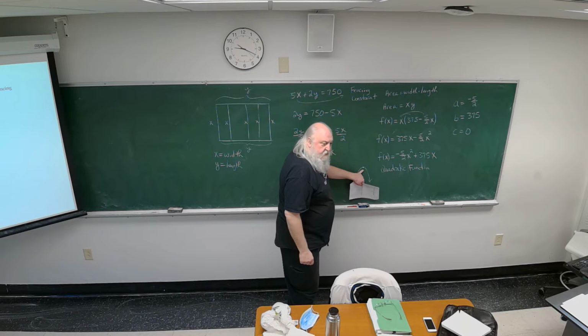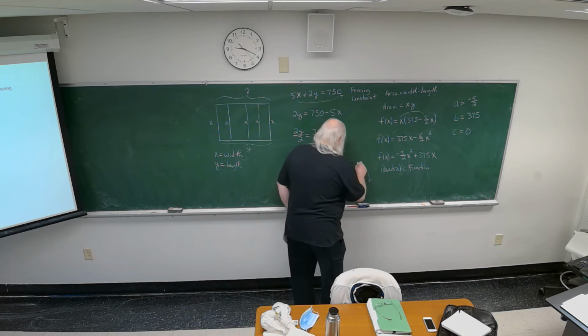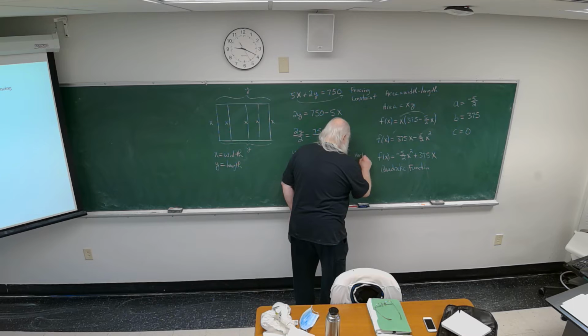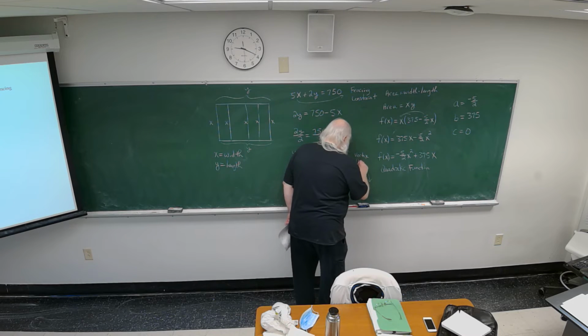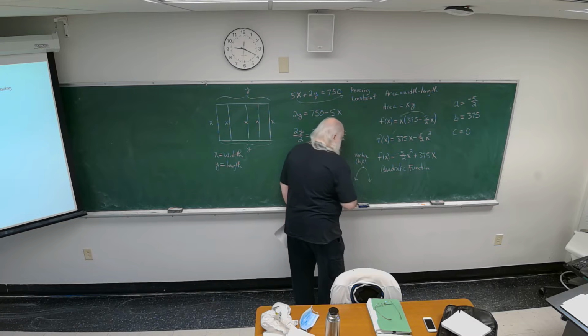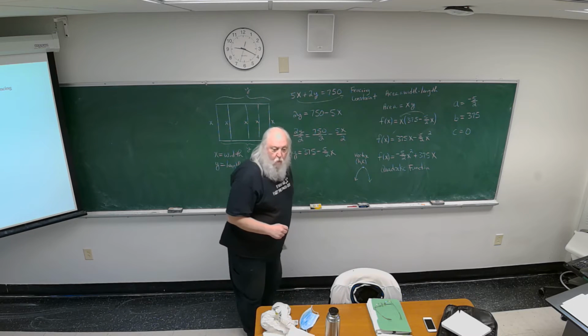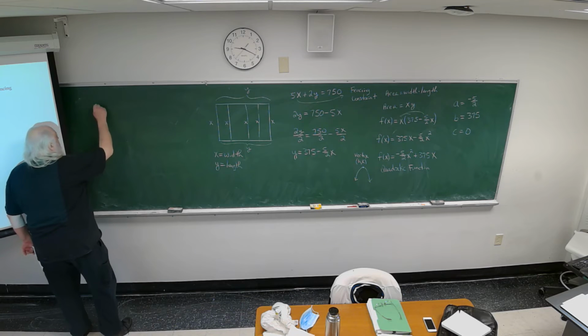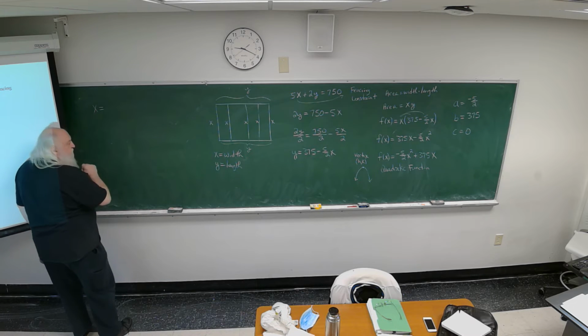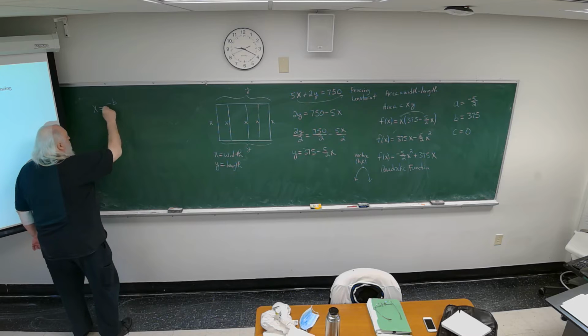The value of x that maximizes the area is at what is called the vertex, point (h, k) or (x, y). So x at the vertex is equal to negative b over 2a.